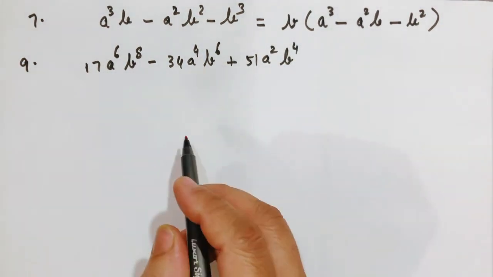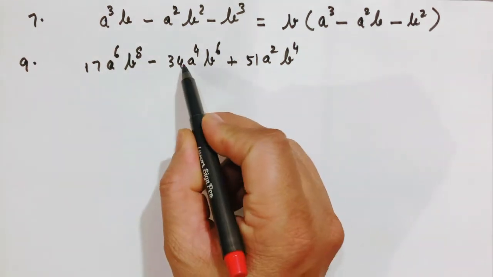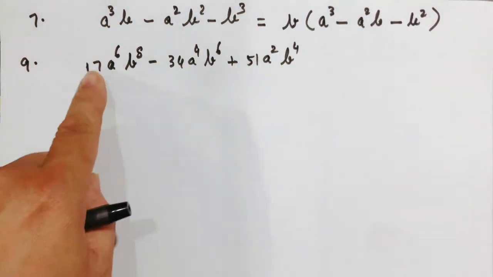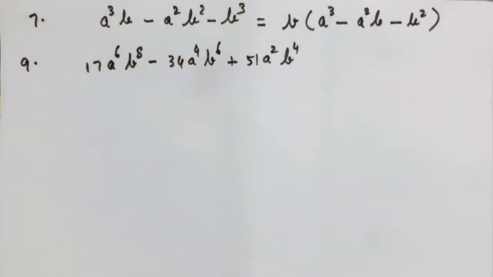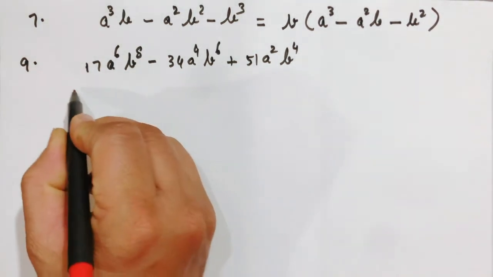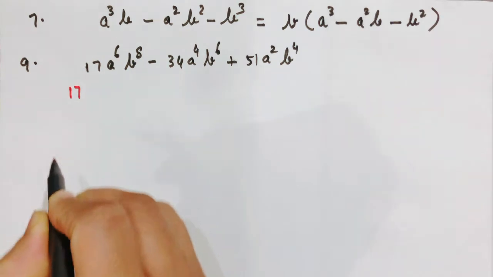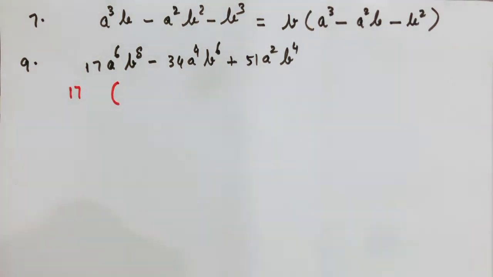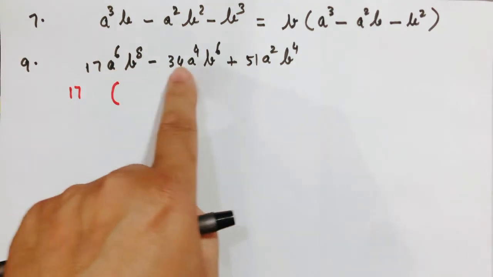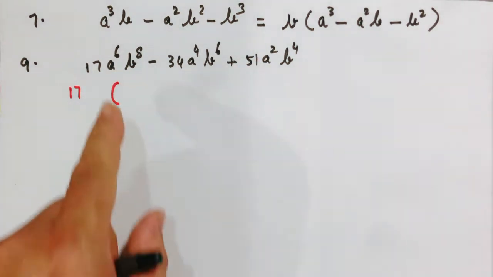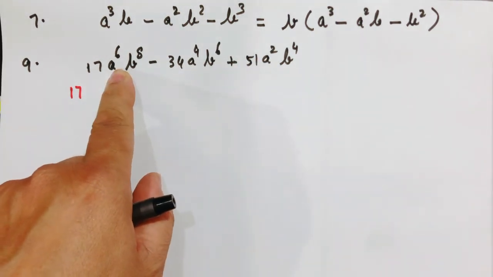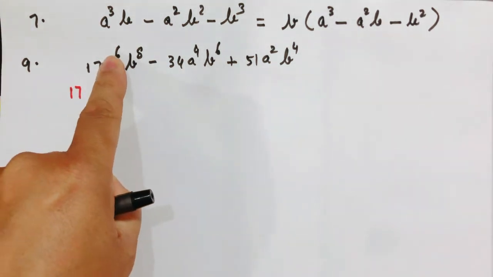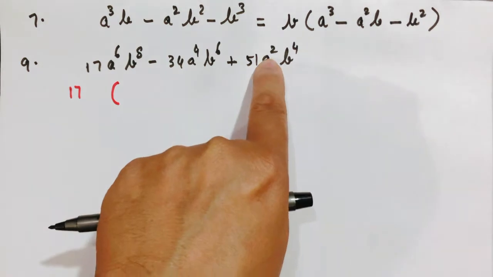Here you can see that you have 17, 34 and 51, and you well know that the HCF of these three numbers is 17. So I have taken the HCF of the numbers first, and then I'll take the HCF of the variables. Yes, we can find the HCF of a over here. Therefore the HCF will be a to the power 2.